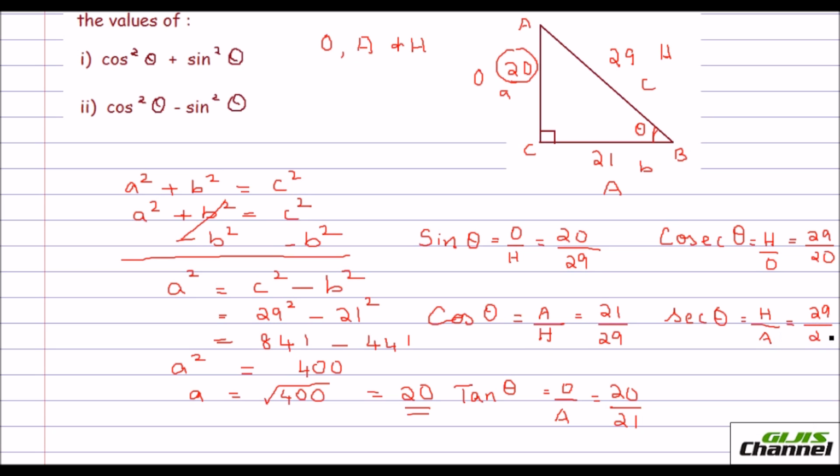And the last one is cot theta. Cot is the reciprocal of tan, so that is adjacent over opposite, which would be 21 over 20. So now you are done with the first part of the question. The 6 trigonometric ratios you have written.